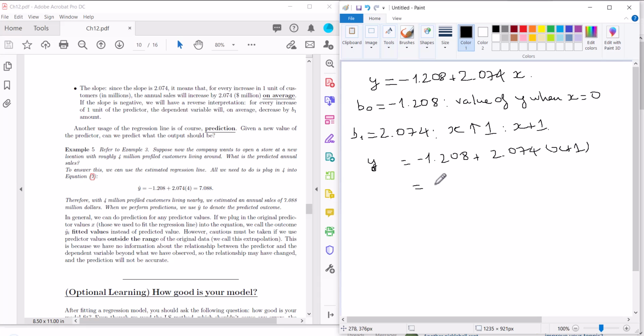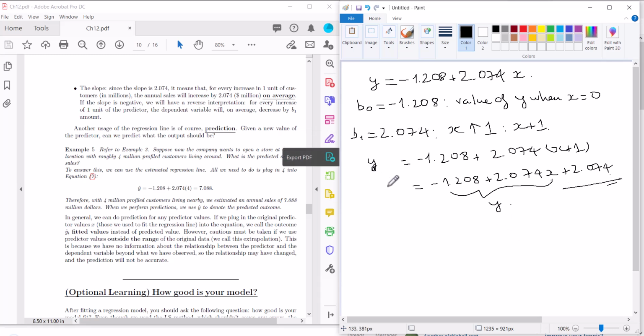If you multiply this out, you have 2.074 times x plus 2.074, right? This is our original y, but then we have this extra term plus 2.074, which is the slope. So this simply means that if you have a store with 1 million more customers, then the amount of sales will increase by 2.074 million.